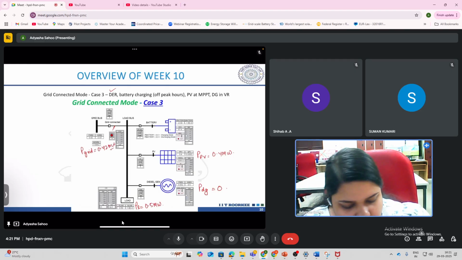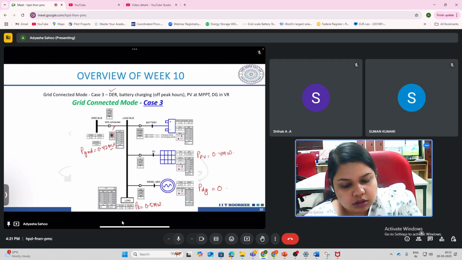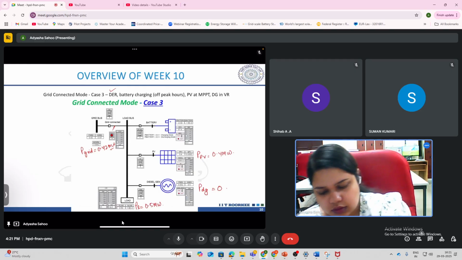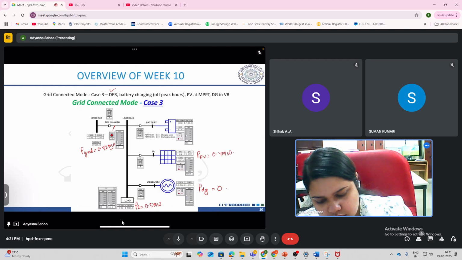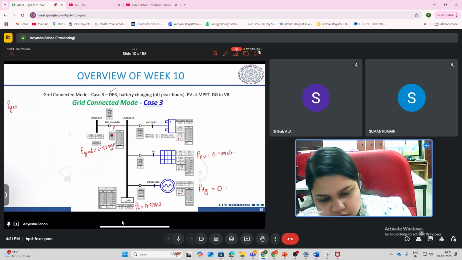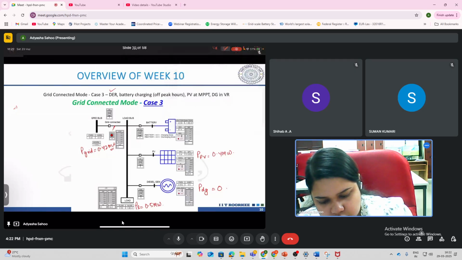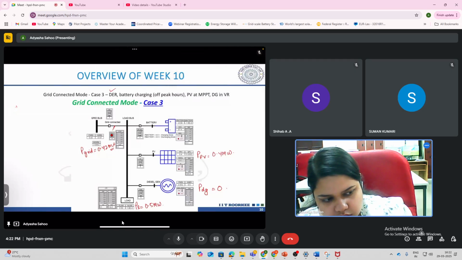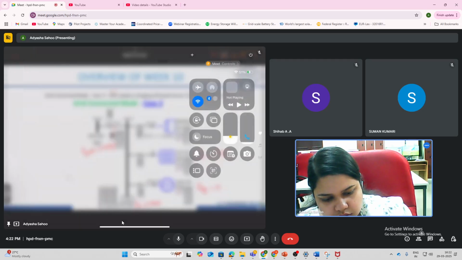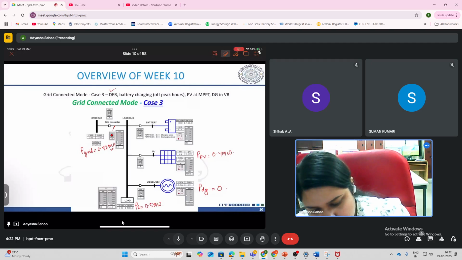Now if we know all this, can we calculate the battery charging or discharging condition? So you have PDG plus PPV plus P grid.